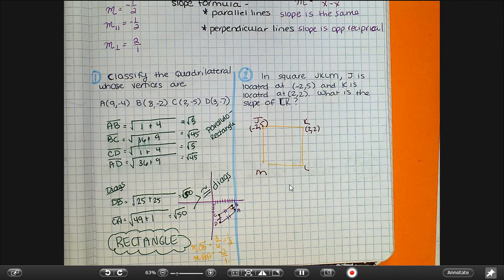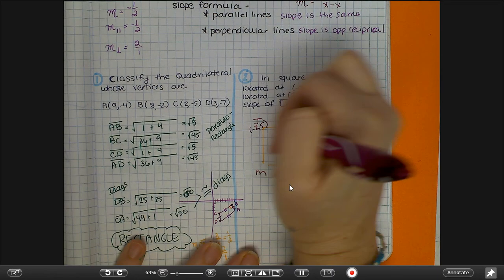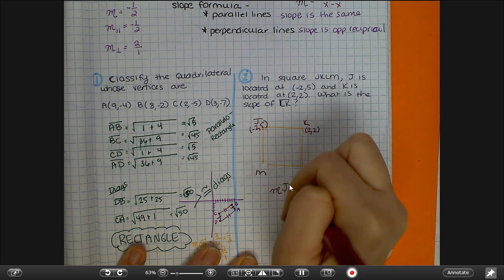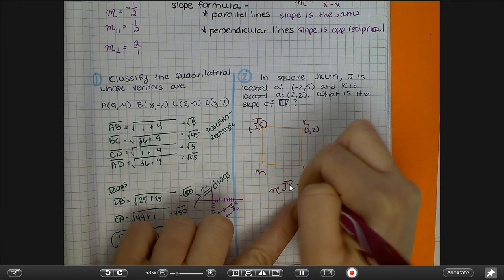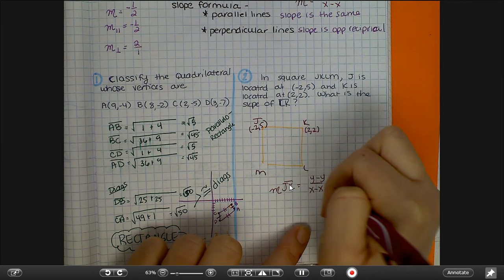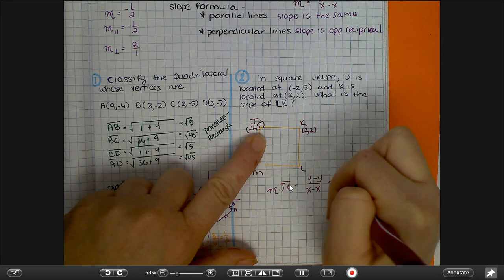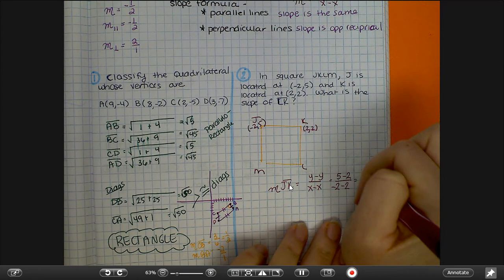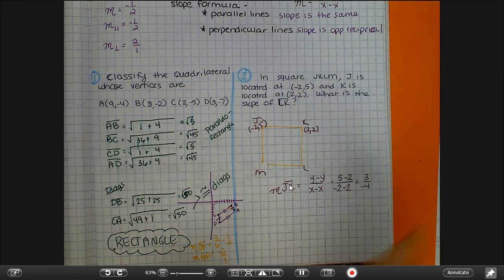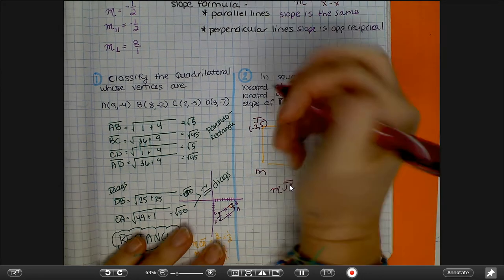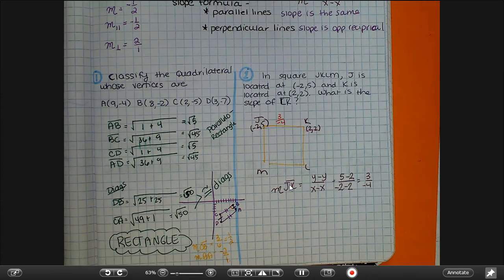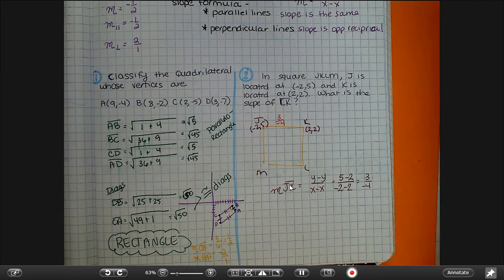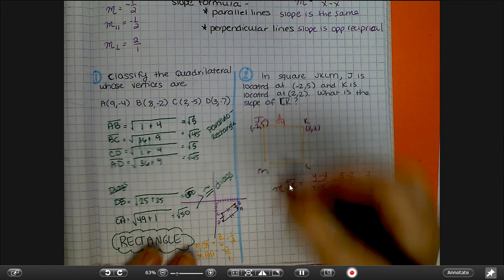All right, so let's think about what that means and what we need to do. First, let's find the slope of JK. The slope of JK is going to be y minus y over x minus x. So 5 minus 2 over -2 minus 2. So the slope of JK is 3 over -4. We want to know the slope of LK. Well, it's a square, so what kind of angle is this?